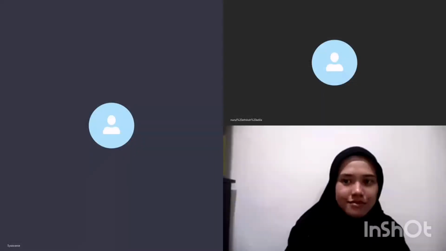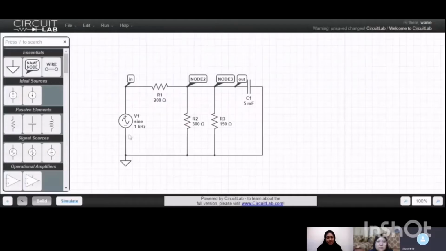We have to build the circuit just like the given diagram. We have the source in, node 3 out, and so on. So we have to run the DC circuit. We have to simulate.